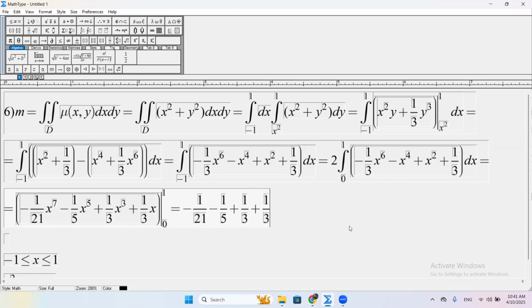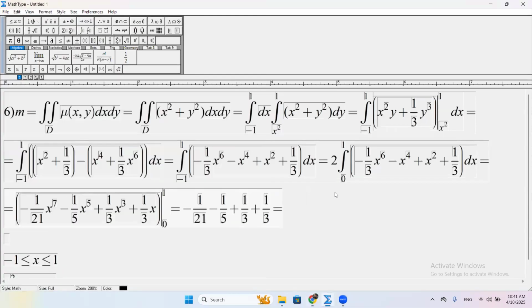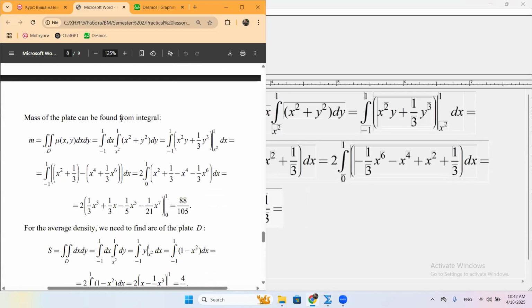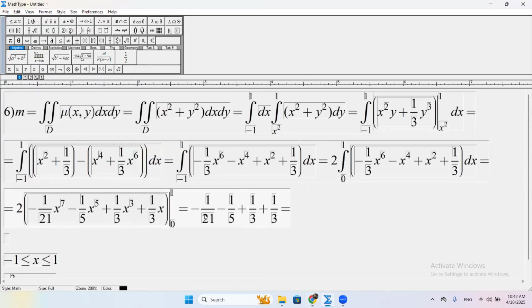Okay, let me calculate these integrals. Oh, okay, these fractions. Let's look into my materials. I lost 2, by the way. That's bad tools.